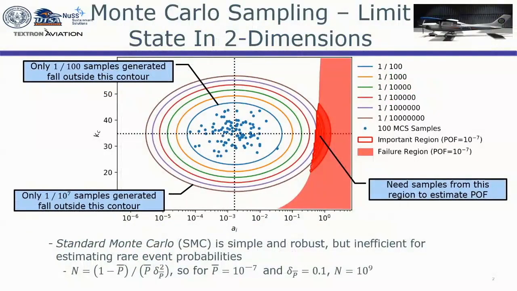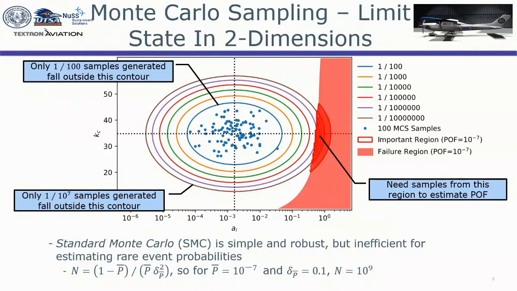If you look at standard Monte Carlo sampling, you would have a plot on the standard normal space, with these concentric rings where you'd be generating samples. Inside the innermost ring, you'd have 99 out of 100 samples.